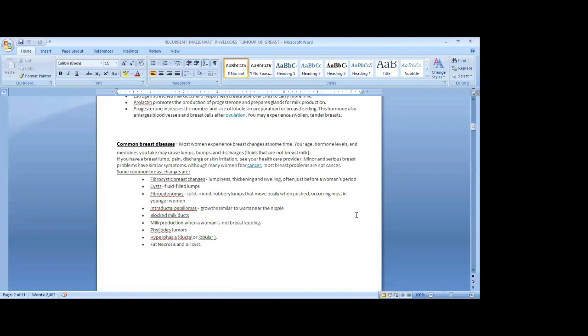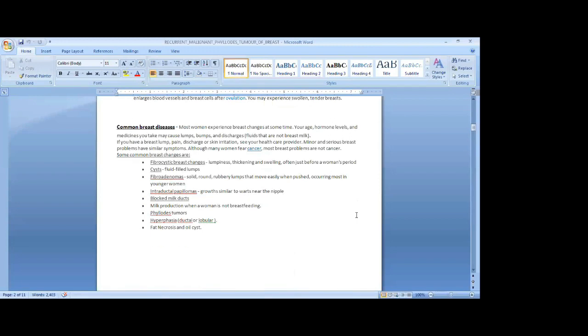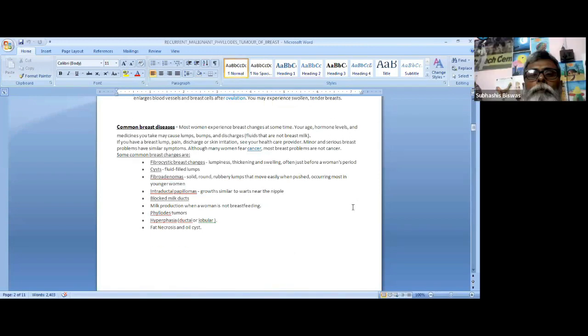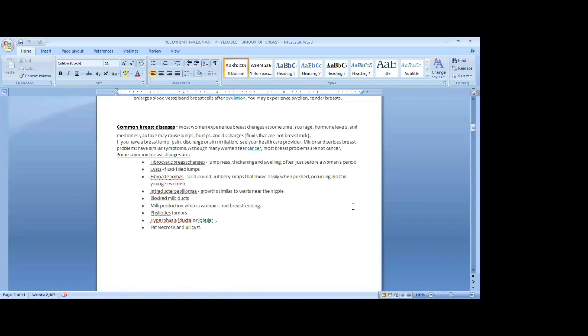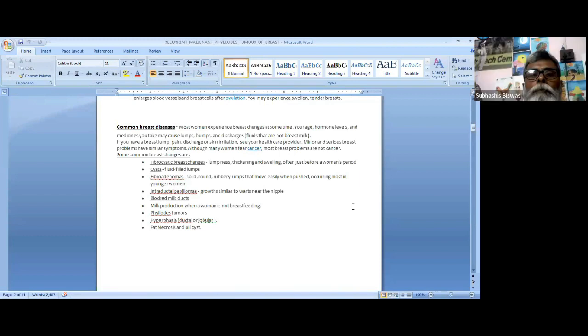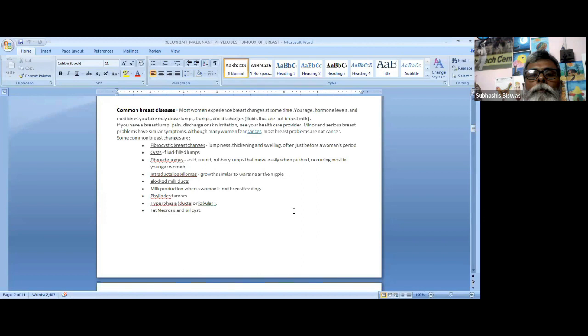Most breast problems are not cancer. Some common breast changes are fibrosis, that is lumpiness, thickening, and swelling, often just before a woman's period. Cysts, fluid lumps, fibroadenomas, solid round rubbery lumps that move easily when pushed, occurring mostly in younger women.